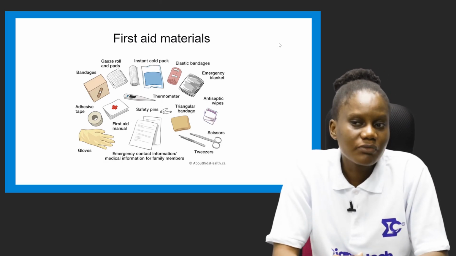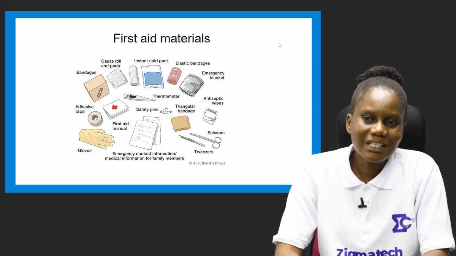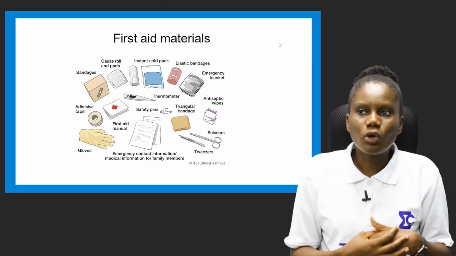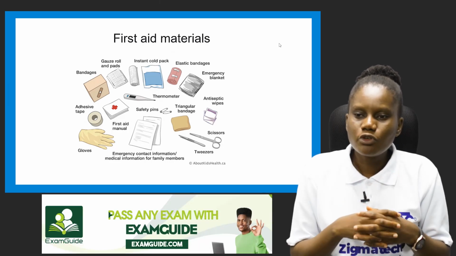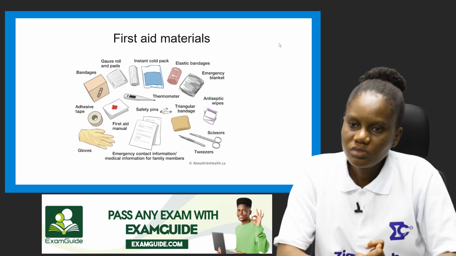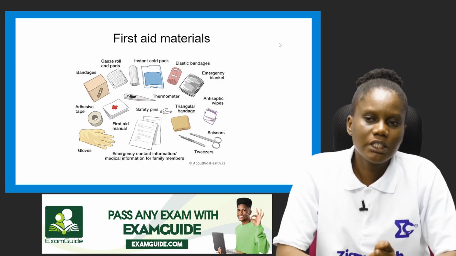You know, your safety first, that is it. So before you even start attending to anybody, put on the gloves first, so that maybe if there's blood, you put on your gloves, then start attending to the person. Then emergency contact information or medical information for family members.